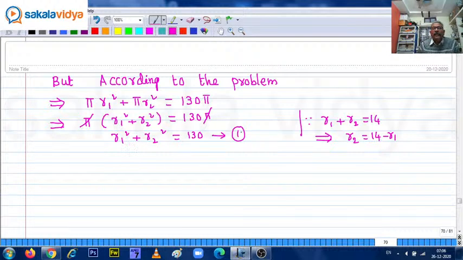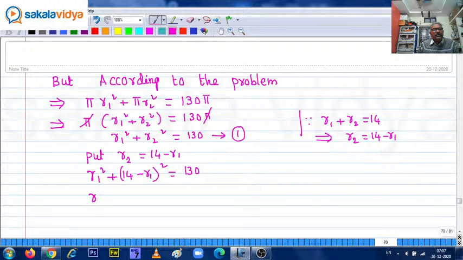Instead of R2, replace 14 minus R1. So put R2 is equal to 14 minus R1 and simplify. So you get R1 square plus 14 minus R1 whole square equal to 130.